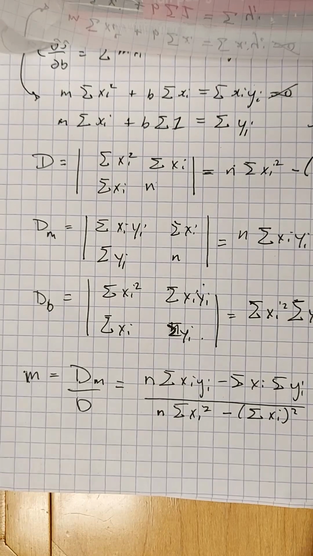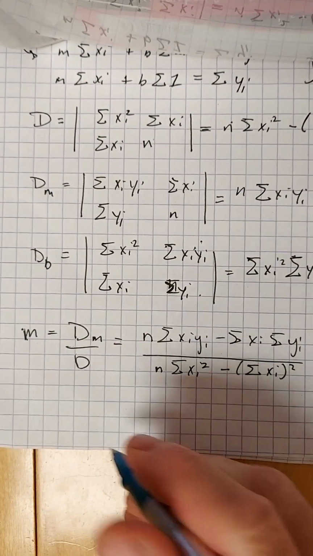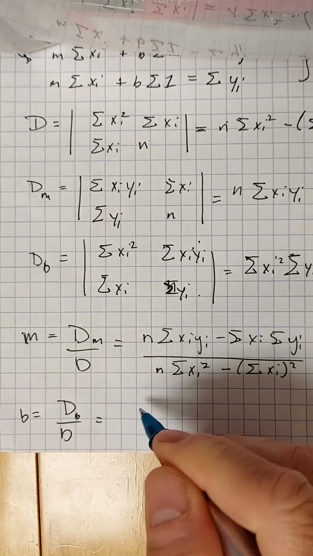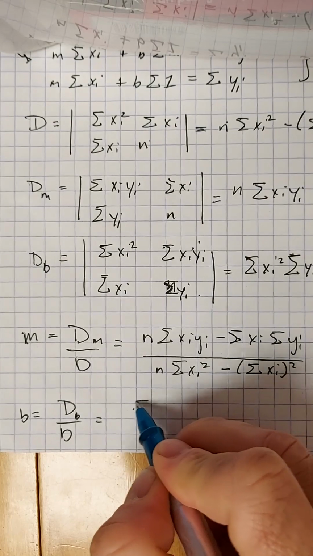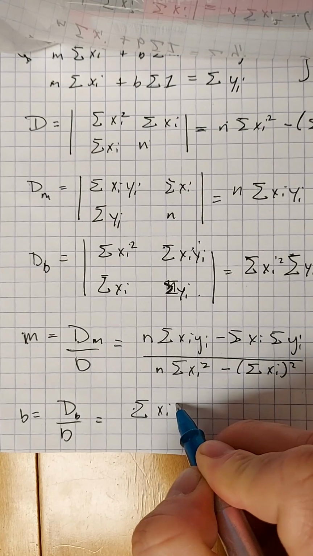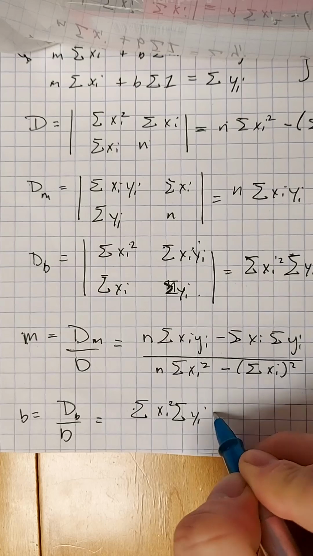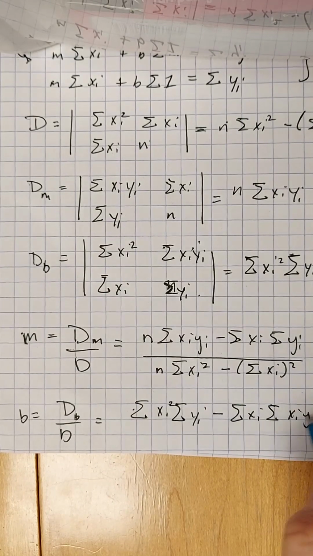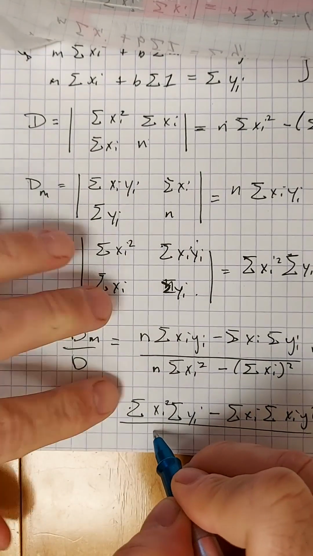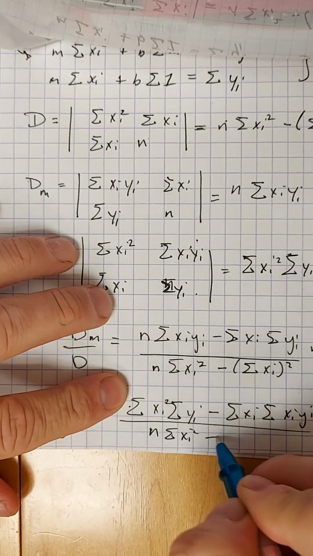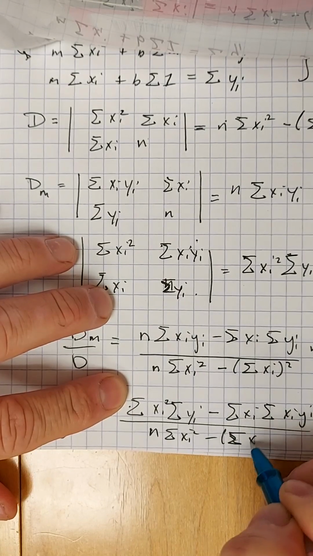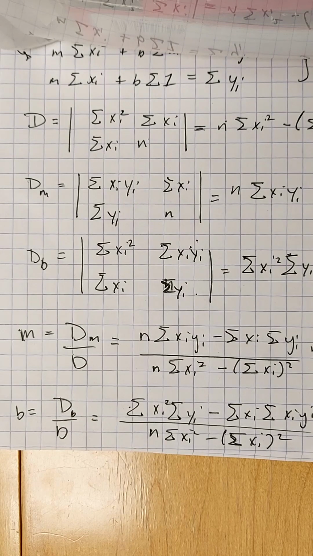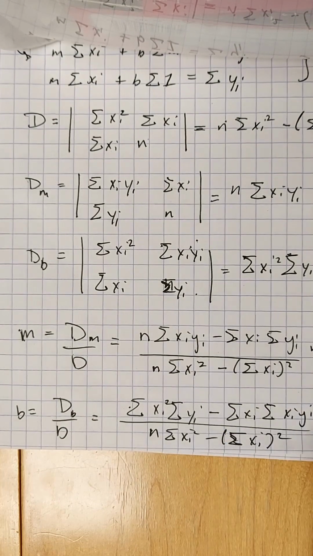Okay, check. And then finally the parameter b is D_b over D, and so we get the sum of x_i squared times the sum of y_i minus the sum of x_i times the sum of x_i y_i, all divided by n times the sum of x_i squared minus the sum of x_i quantity squared. Okay, all right, so that checks out.